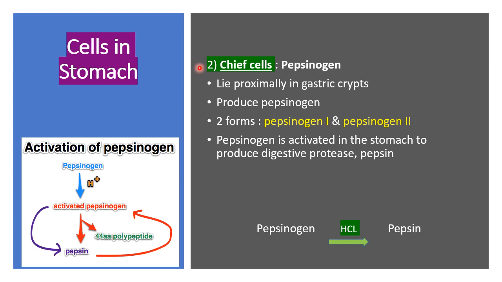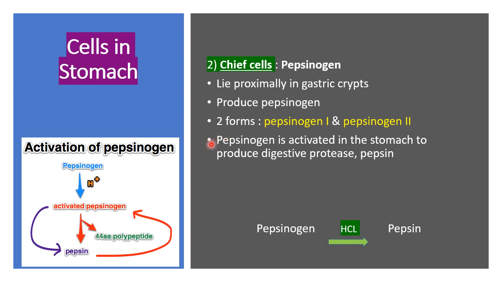The next group of cells in the stomach are the chief cells. Chief cells produce pepsinogen. These cells lie proximally in the gastric crypts and they produce pepsinogen, which is the inactive form of pepsin. There are two forms that are produced, Pepsinogen 1 and Pepsinogen 2. Pepsinogen 1 is only produced in the stomach.